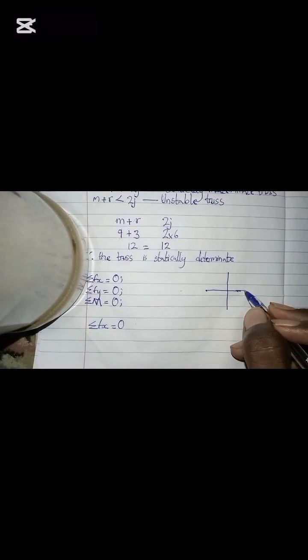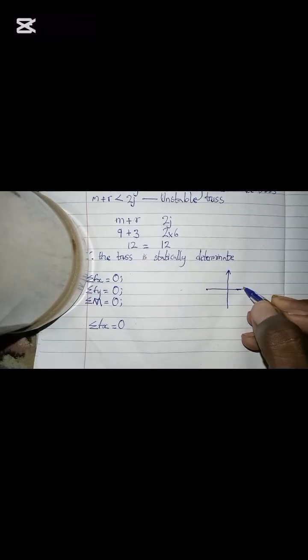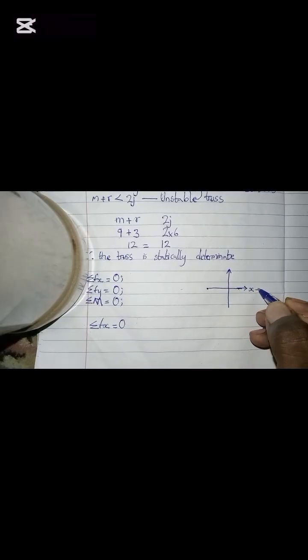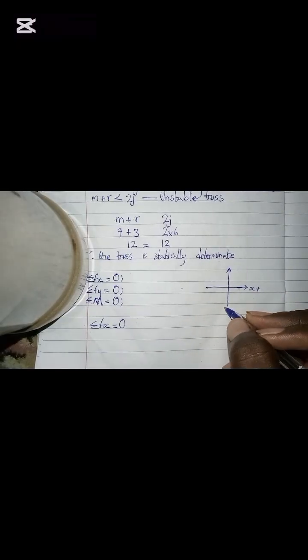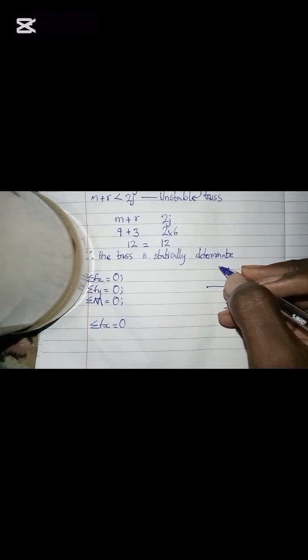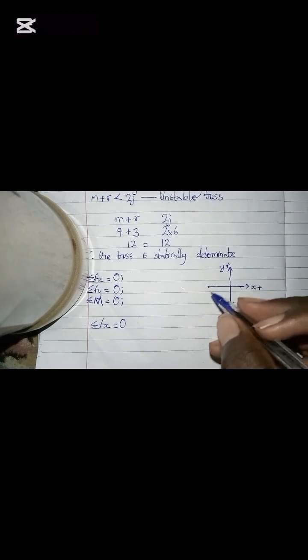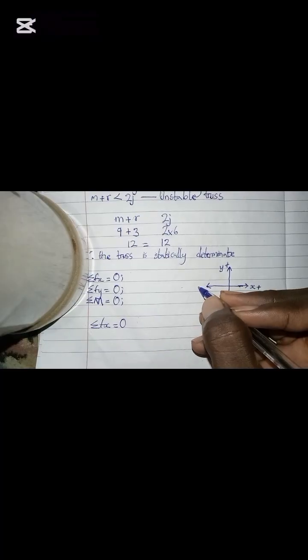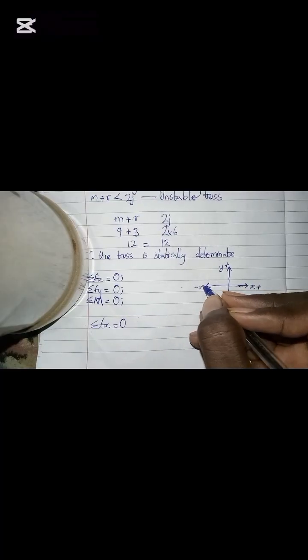So first of all, let's state our sign convention. So this is our sign convention: y-axis downward is negative, y-axis upward is positive, x-axis to the left is negative.